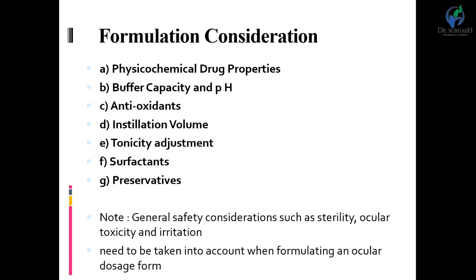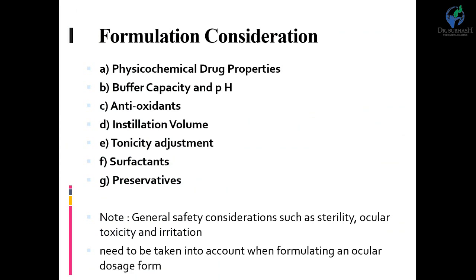For formulation considerations, in general we have to know the properties of the drug, the physical and chemical profile of the API we use. Other than that, the buffer capacity, the pH of the solution, the antioxidant, the instillation volume, and the tonicity are also important parts. We have to maintain isotonicity.